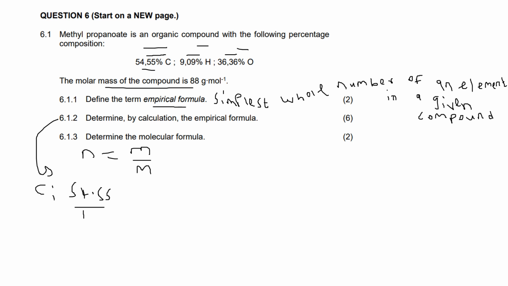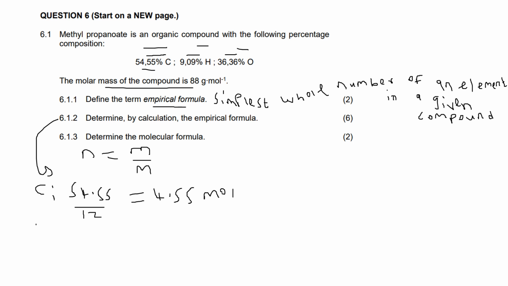The mass number of carbon, we know it's 12. So we need to find 54.55 divided by 12. I'm going to leave it in 2 decimals. I'm getting 4.55 mole, because that's the number of moles now. So I'm getting that for carbon.